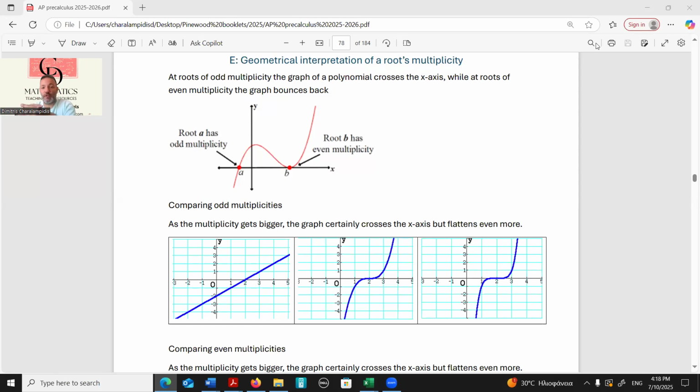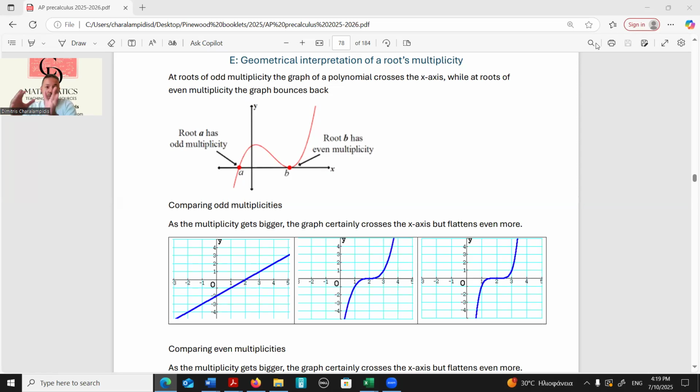In one of my previous videos, we have seen that by a root's multiplicity, in short terms, we mean the number of times that root appears within the function's formula. Now, we will go one step deeper to see what that could mean geometrically.